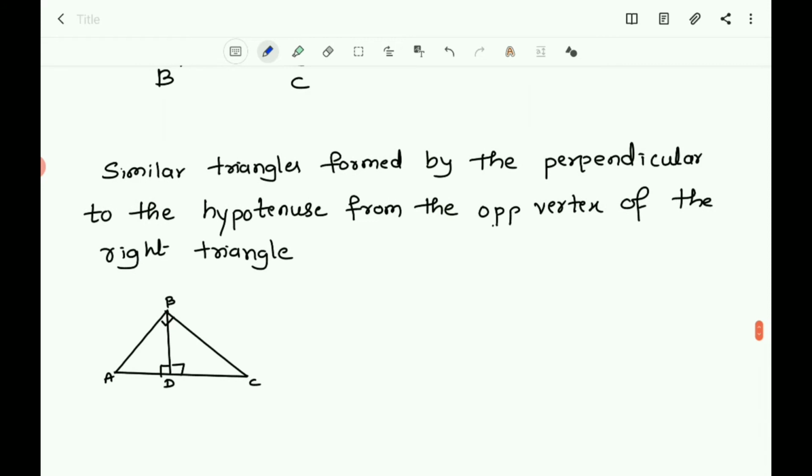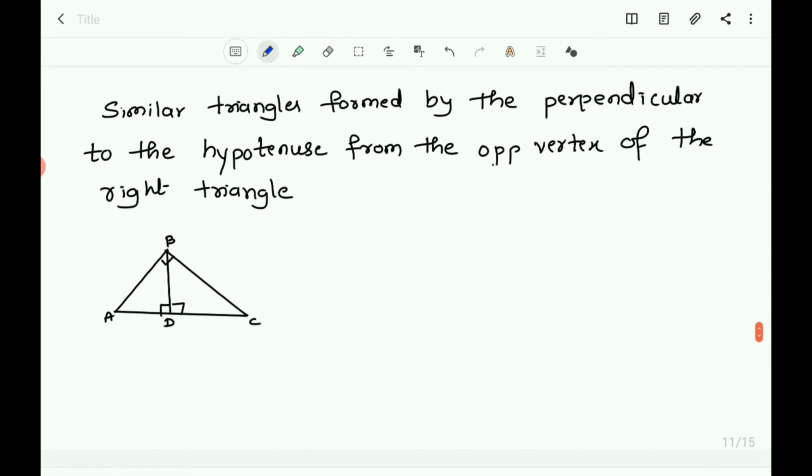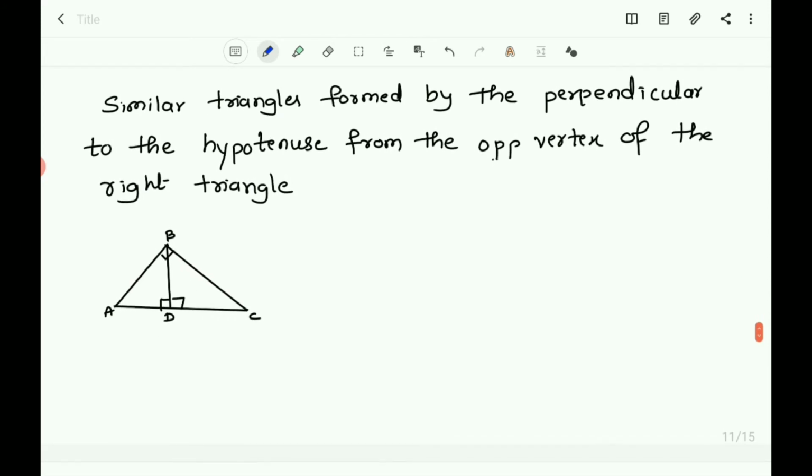Here, see the figure. Three triangles are there. The given triangle is ABC, and angle B is the right angle vertex here.